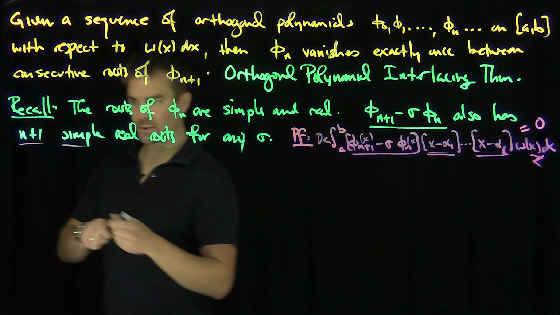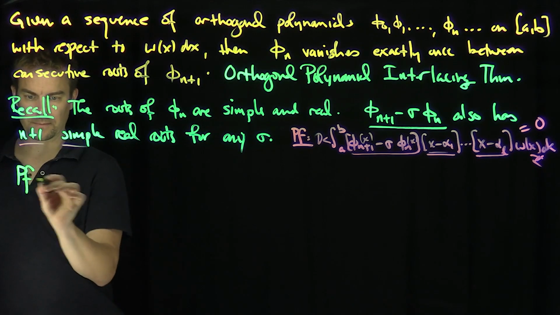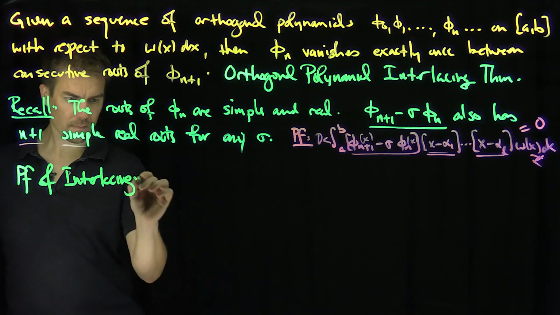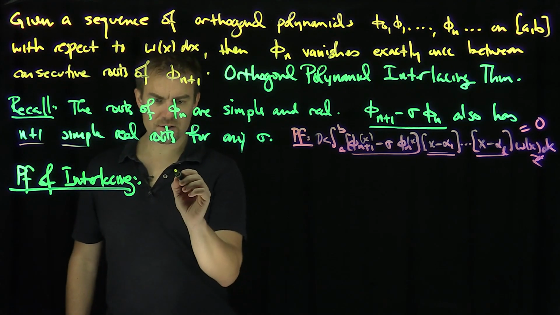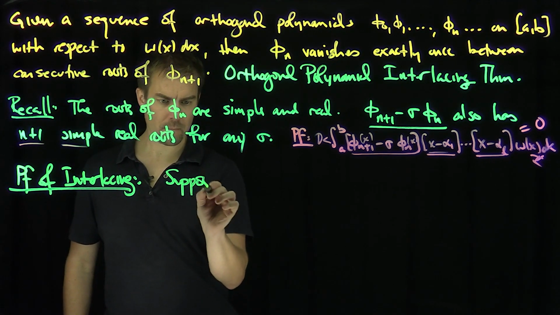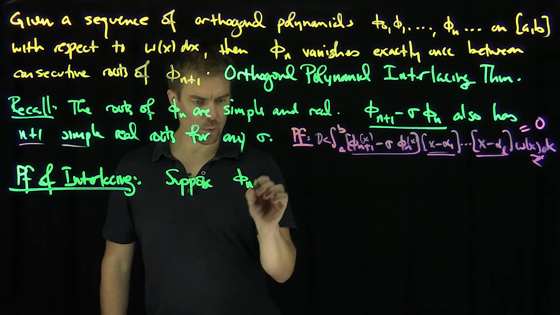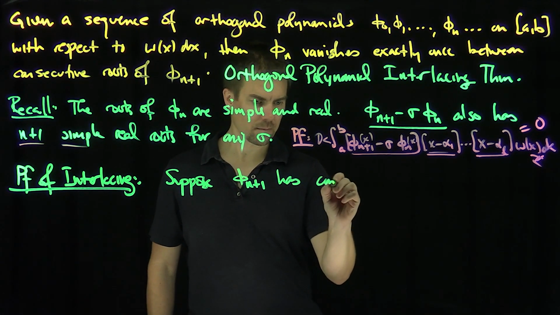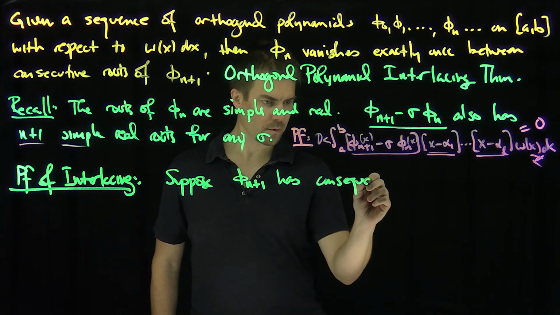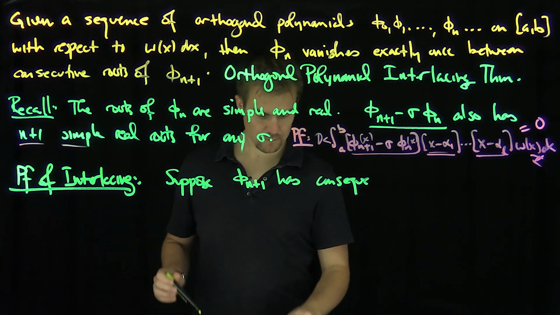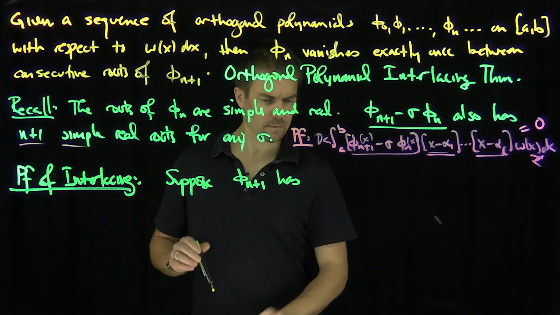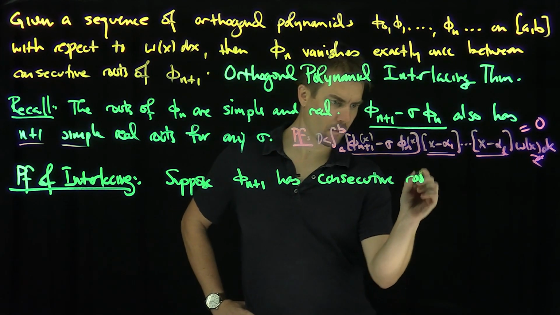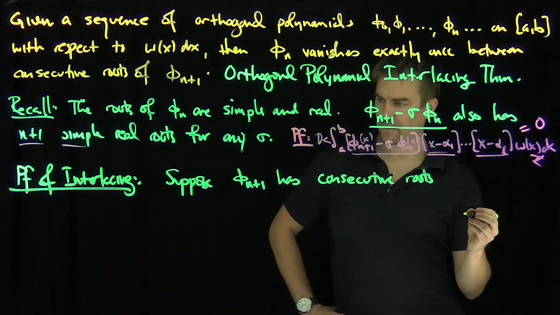And so here's the proof of interlacing. Okay, let's suppose that phi n plus 1 has consecutive roots lambda 1 and lambda 2.